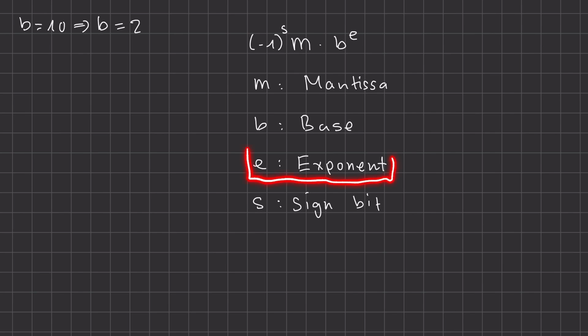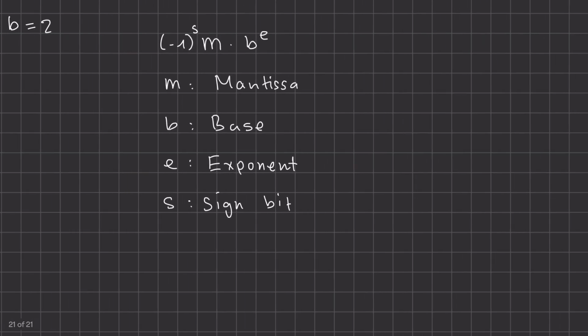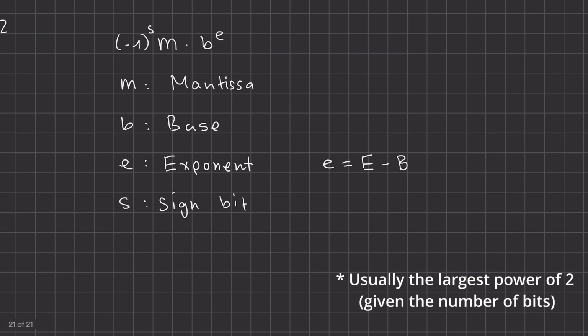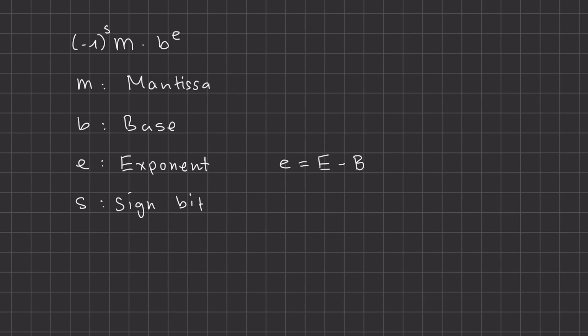The exponent is usually written in a format that is called excess. So the representation would usually be e is equal to E minus a bias b, which is usually a large number. This will allow us to represent only this E, so still to represent it using only positive binary numbers, but the small e will then also be able to go down to -b.